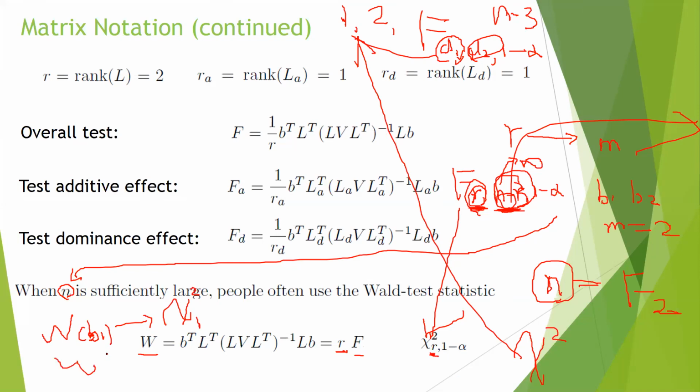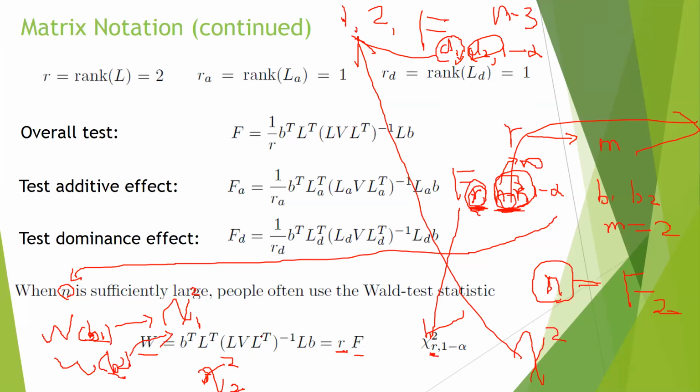If you want to test B2, the same, degree of freedom equals 1. But if you want to develop a Wald test, which is a chi-square test, to test both B1 and B2, then this becomes 2. Okay. Good question. I hope it's clear. Is that clear?